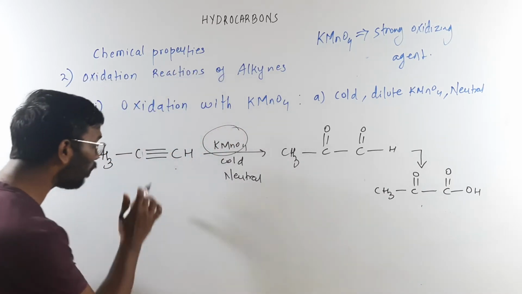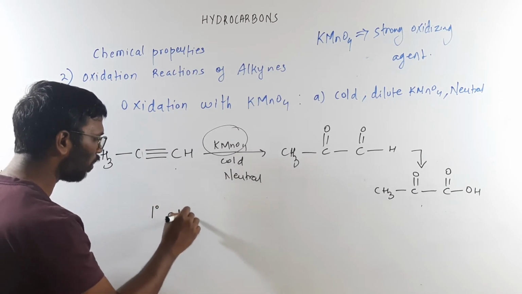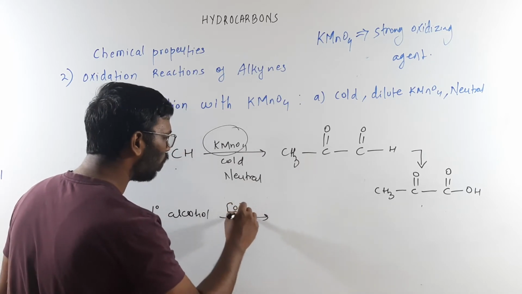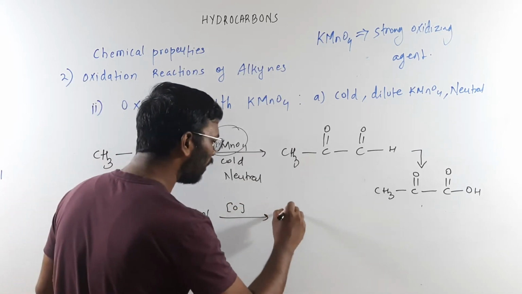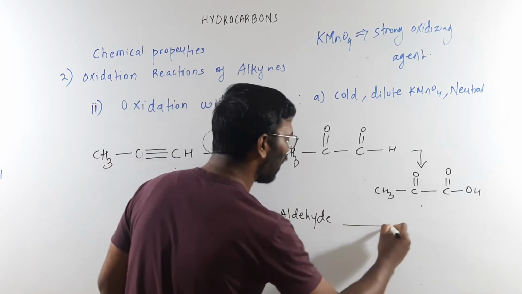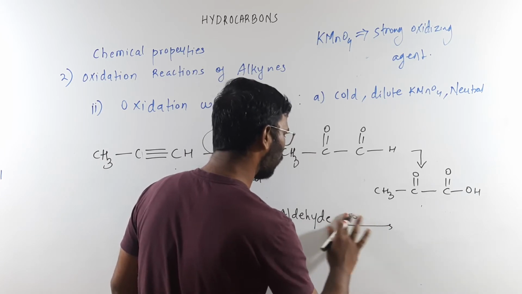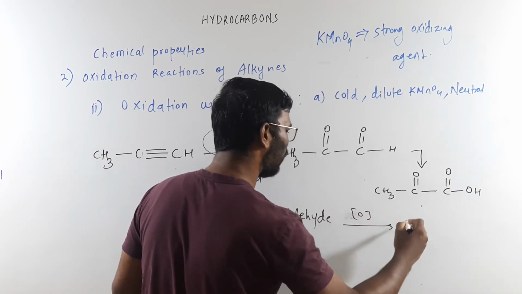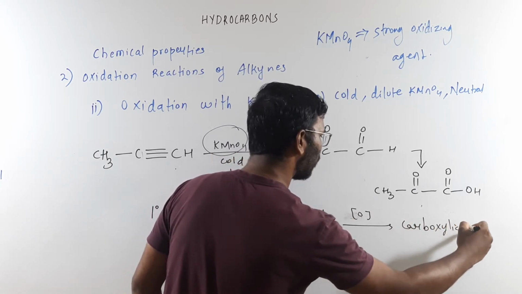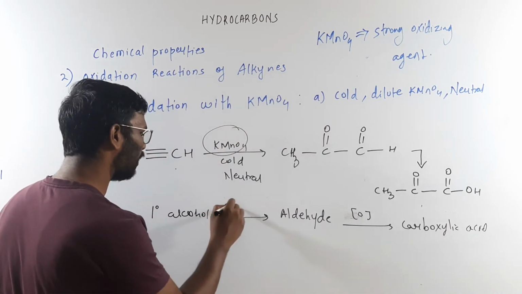If it is a primary alcohol and you do the oxidation, what you get is the aldehyde. Remember this, it will help you a lot. And if you do the oxidation of the aldehyde, you will get a carboxylic acid. This is oxidation.